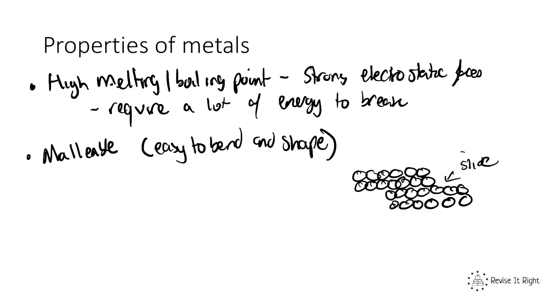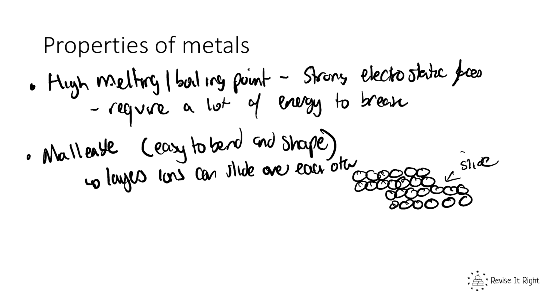They can slide over each other, and this is what makes them malleable, because the layers of ions can slide over each other. So if you ever get asked the question, why is this metal malleable, it's because the layers of ions or atoms can slide over each other.